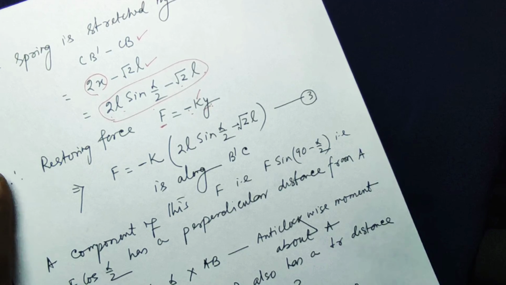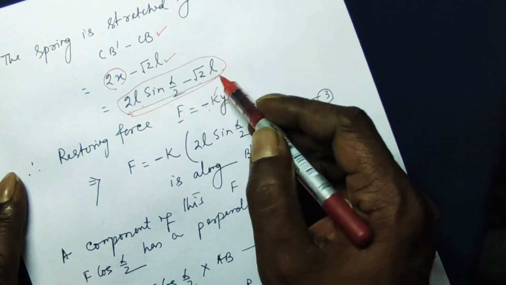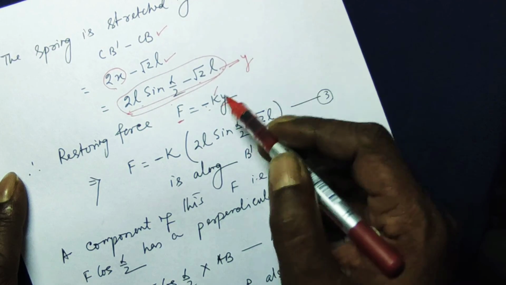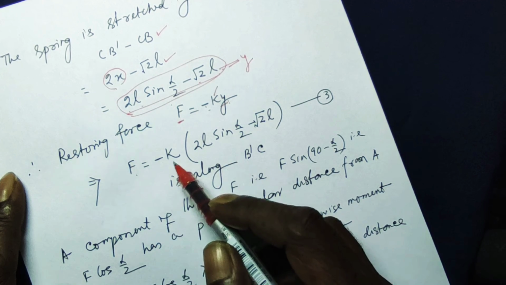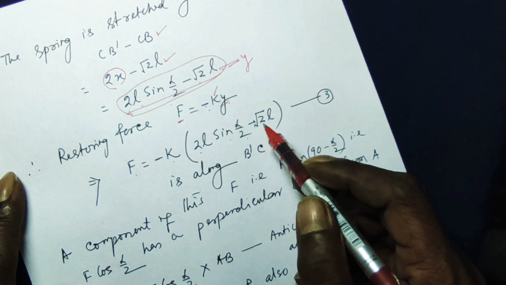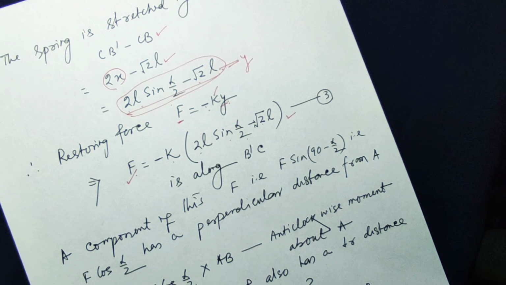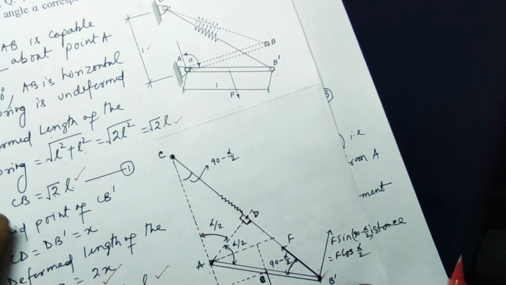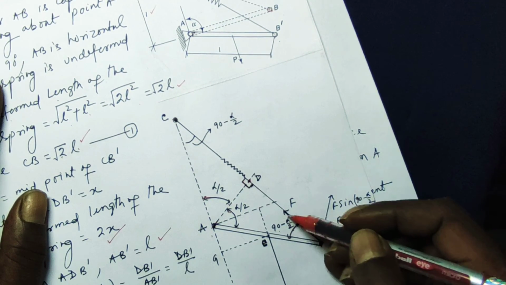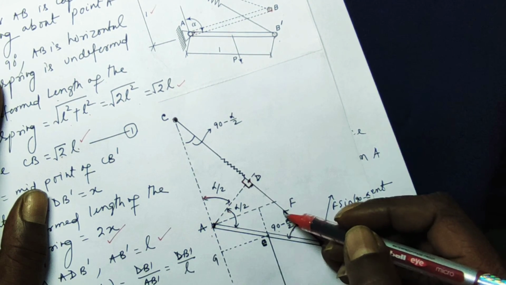In this case, it has been stretched by this amount, so this is equal to y. Put it here: F becomes minus k times 2L sin alpha by 2 minus root 2 times L. Now what will be the direction of this F? This restoring force will be directed to this side along the length of the spring.